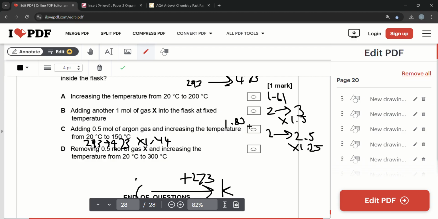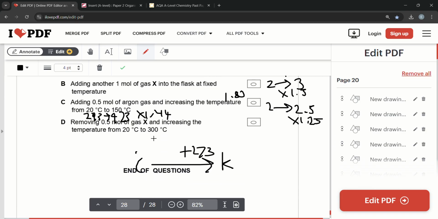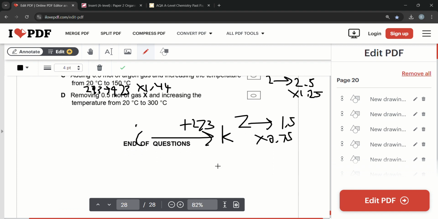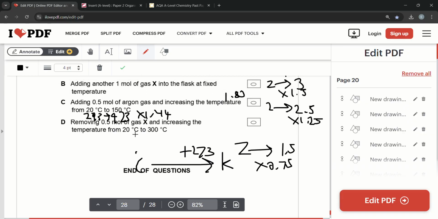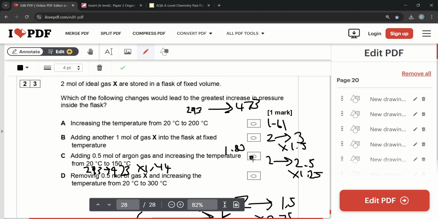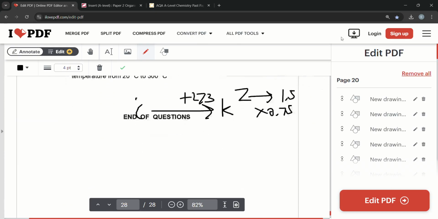And then for D, with removing 0.5 moles, we'll go from 2 to 1.5, so we're timesing by 0.75, and we're also converting to Kelvin and seeing the increase, and we should get 1.46. So the answer is C. That's the greatest increase in pressure, times by 1.80, and that's the end of the multiple choice questions.